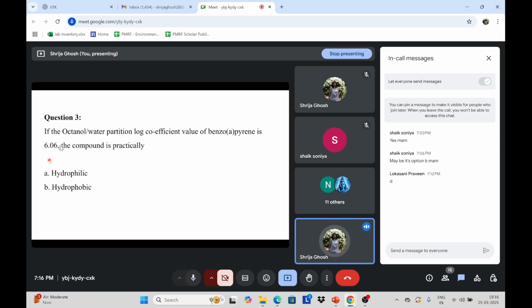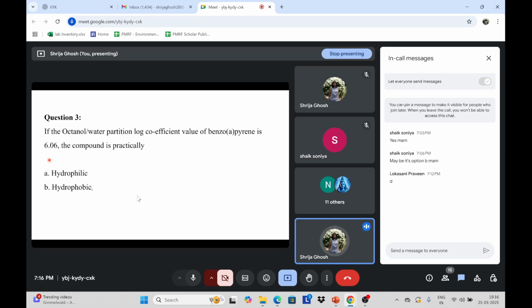Okay, moving on to the next question. If the octanol-water partition log coefficient value of benzopyrene is 6.06, the compound is practically option A, hydrophilic, or option B, hydrophobic.